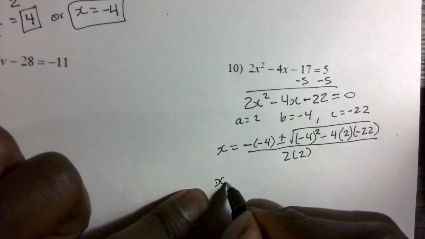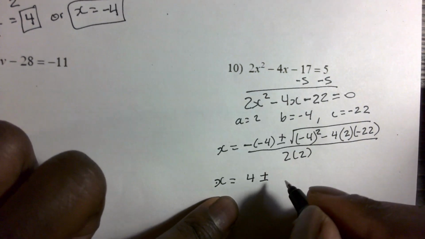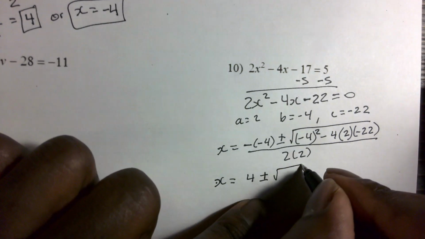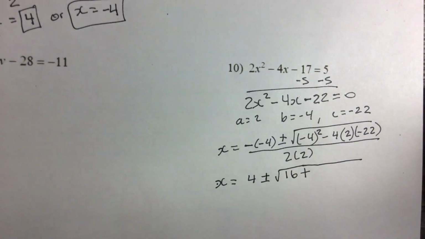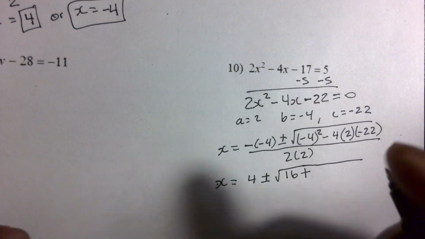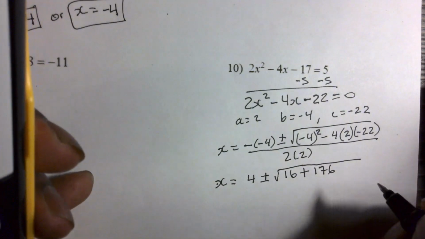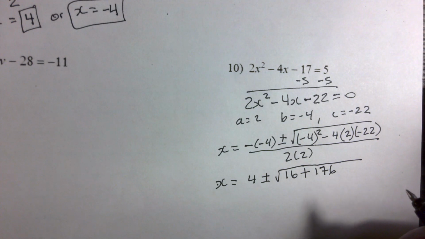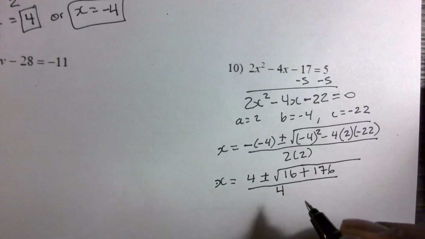So x equals 4 plus or minus the square root of 16 plus 4 times 2 times 22. 4 times 2 times 22 is 176.